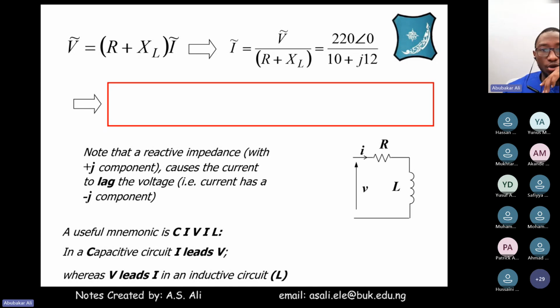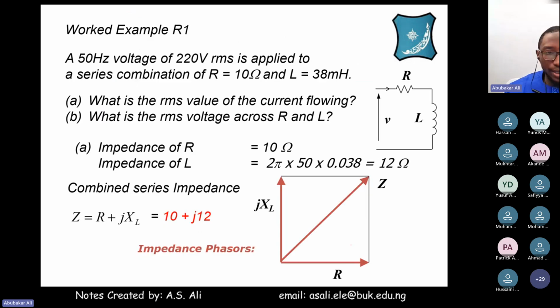All right. So here, as I said, according to Ohm's law, V equals I times Z, and Z is equal to what we've just calculated. So what we are supposed to find is what? Current. We are supposed to find current.